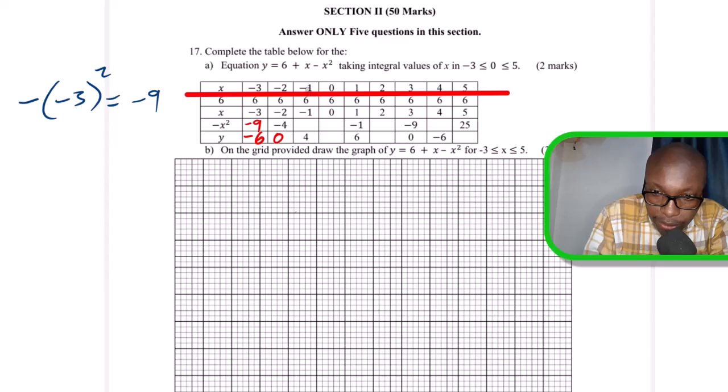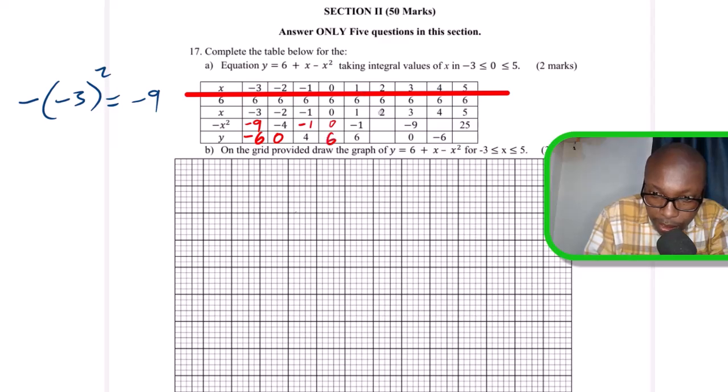When x is -1, 6 subtract 1, that is 5, and -x squared will be -1. So 6 subtract 1 is 5, 5 subtract 1 is 4. It is already given there. When x is 0, this one will be 0, and this one will be 6.